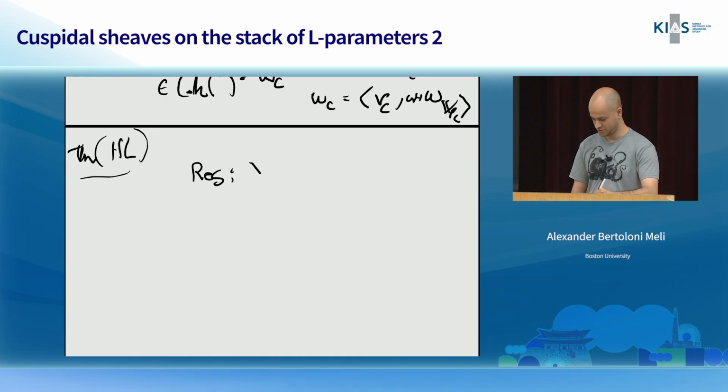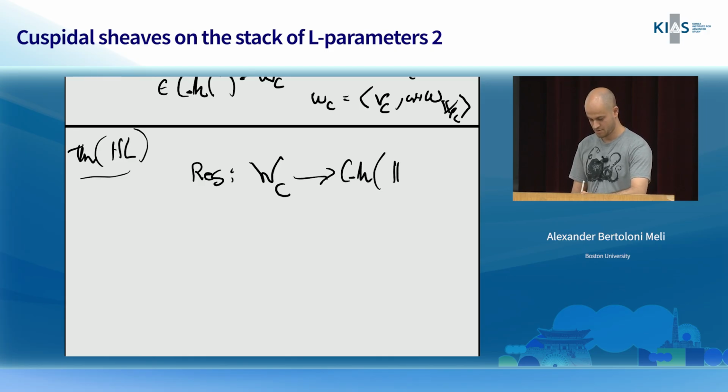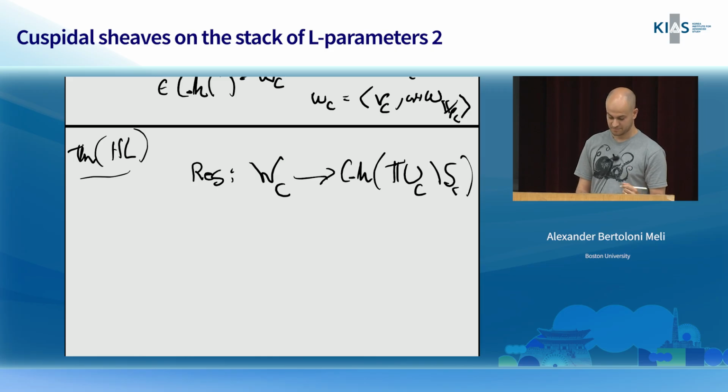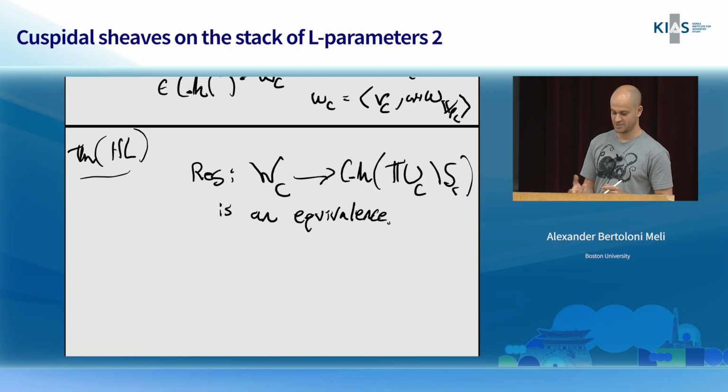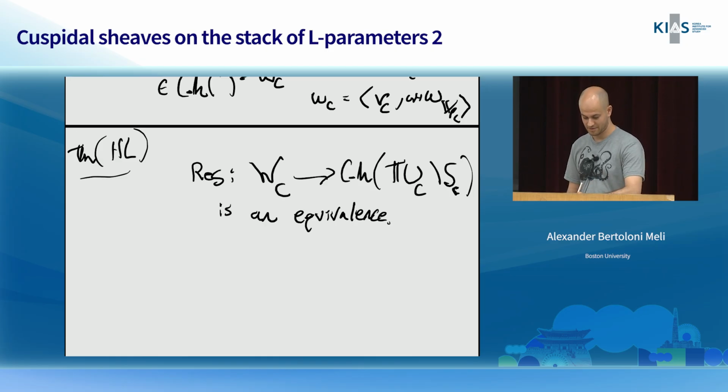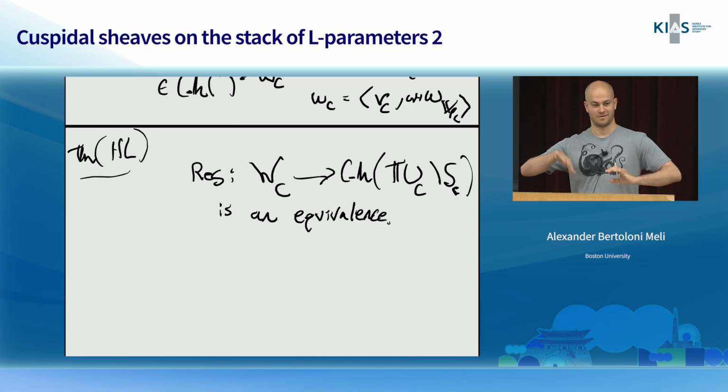There's this restriction map from WC to Coh TUC minus SC, and this is an equivalence. So this window category kind of lives on the complement of SC inside of this thing.